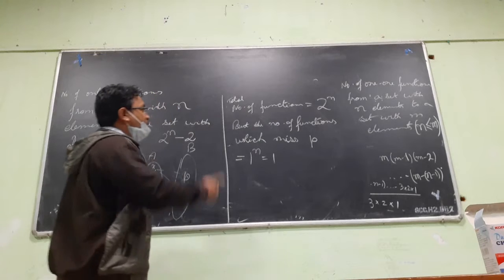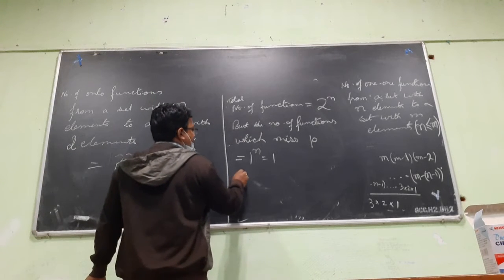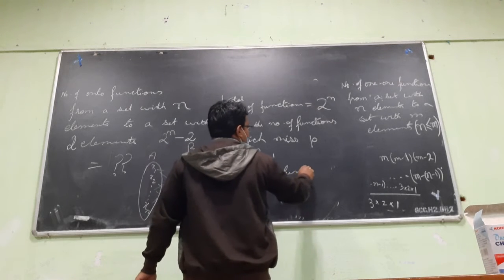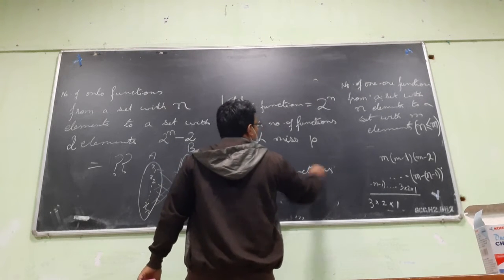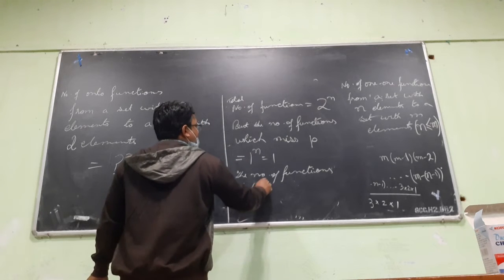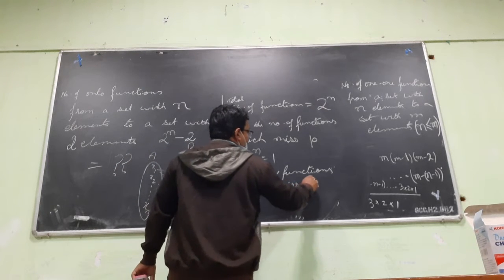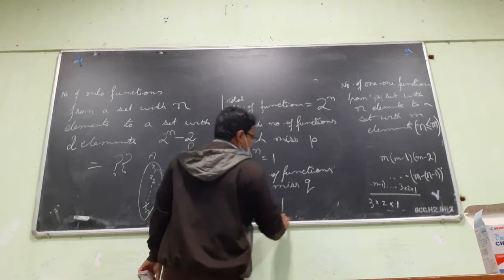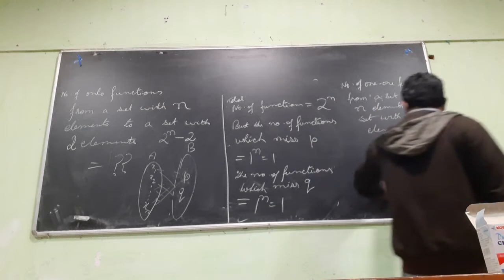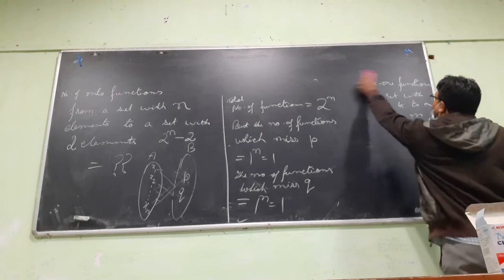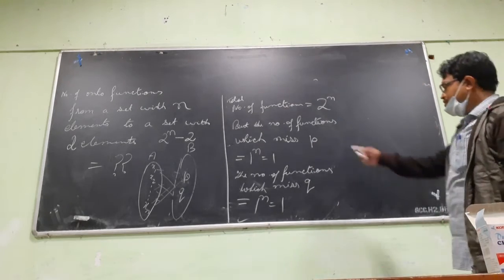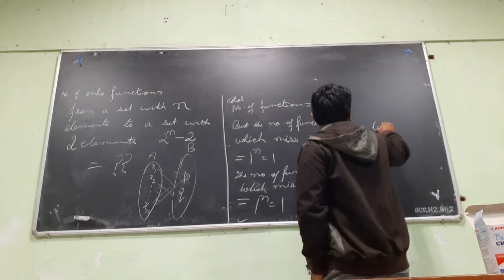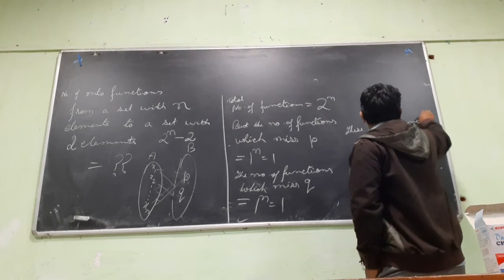The number of functions which miss p is this, and the number of functions which miss q is also 1 to the power n. So these two functions are not onto.